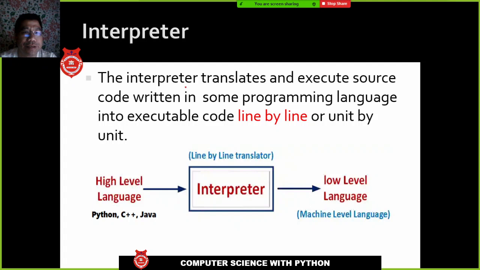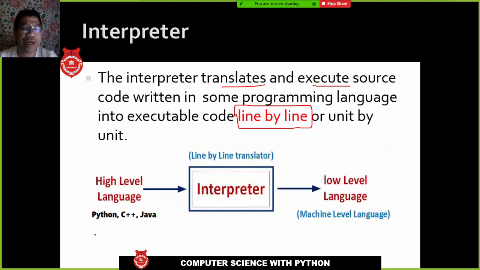The next one is the interpreter. An interpreter translates and executes the source code written in some programming language into executable code line by line. This line by line is very important. Suppose in this class 11 we are going to study the Python programming language.